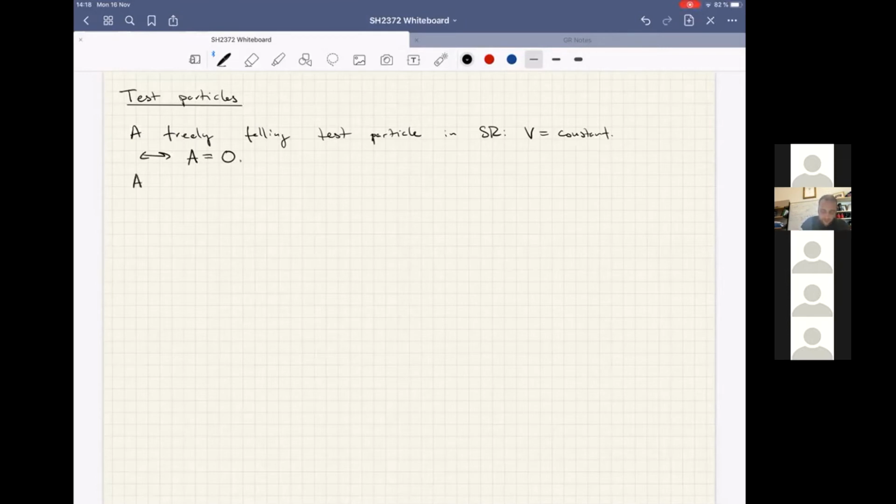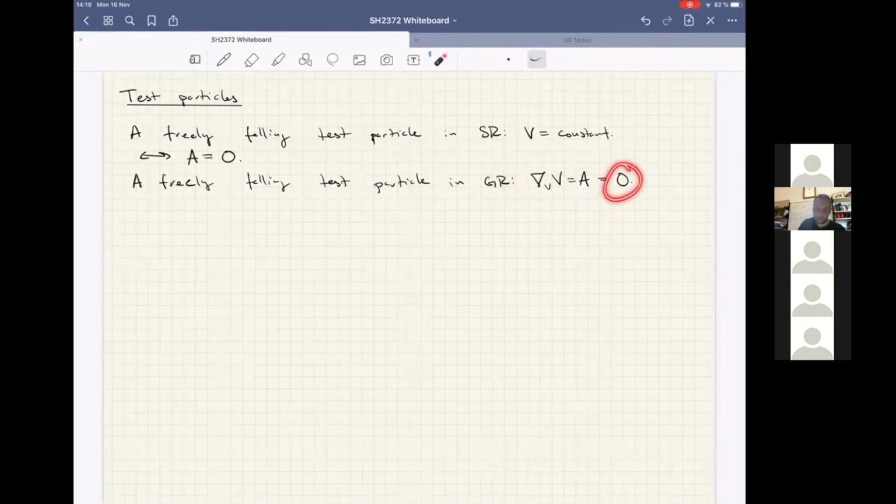And so we have that a freely falling particle or test particle in GR, well, that's going to be defined by the change of the 4 velocity, which is equal to the 4 acceleration being 0. Now, if you look at this, the derivative in the direction of the 4 velocity being equal to 0, this is just the requirement of being a geodesic.